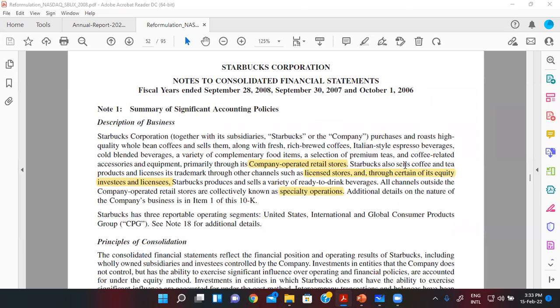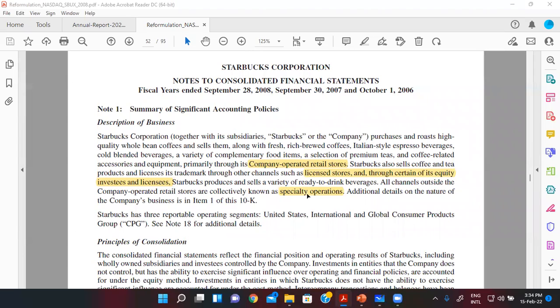However, Starbucks also sells coffee and tea products and licenses its trademark through other channels such as licensed stores and through certain of its equity investees and licensees. So you see that they have provided licenses to some other parties, some equity investment to some other parties, and they also sell Starbucks products and generate revenue.